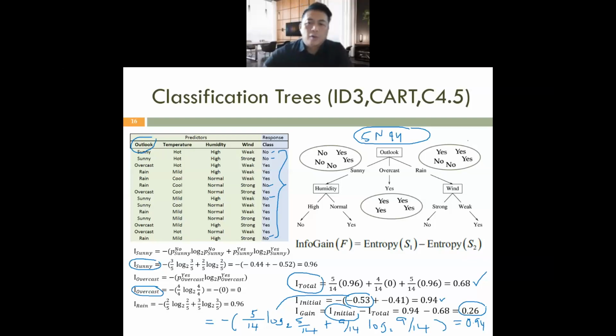Okay, so we want to maximize this. So we will compare with the rest of the data. So next we will perform the temperature, humidity, and wind. So the one that will give you the highest information gain, then you will use that attribute to split your data or to become the root node of your decision tree.